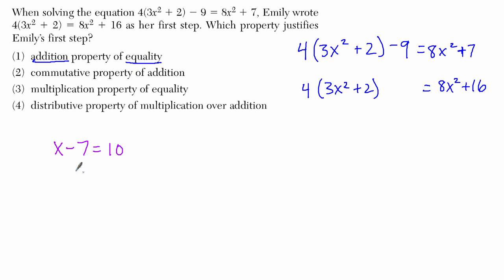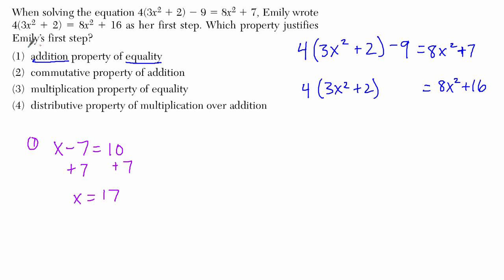The first step to solve this equation is to add 7 to both sides of the equal sign. Minus 7 plus 7 becomes 0, and we have x equals 10 plus 7, which is 17. So this idea of adding one thing to one side and the same thing to the other side is allowable by the addition property of equality. That says that this equation is equal to this equation. So that's the addition property of equality.